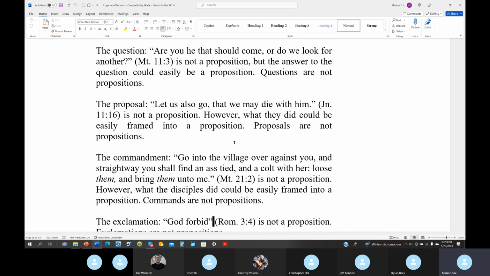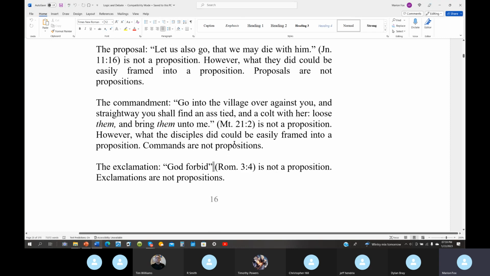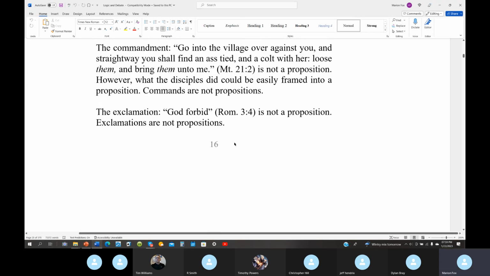The command: go into the village over against you, and straightway you shall find an ass tied and a colt with her, loose them and bring them unto me. Matthew 21:2. It's not a proposition. It's not true or false. It's a commandment. However, what the disciples did, whether they went and did this or not, can be a proposition.